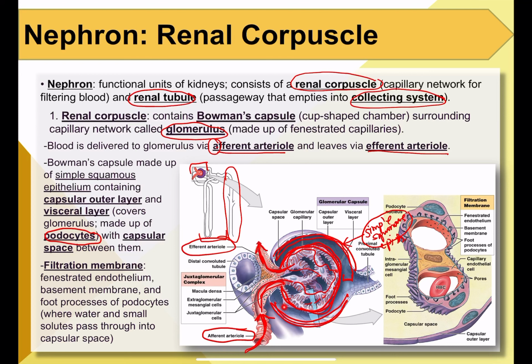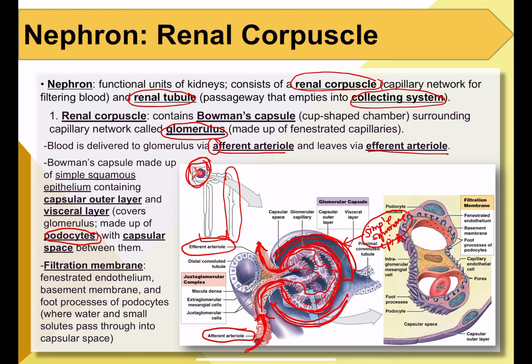And we can actually see the capsular space in histology view or microscopic view of the kidney. The main function of the glomerulus is filtration. We'll talk about three processes: filtration, reabsorption, and secretion that are made possible by your kidney. So it is this renal corpuscle area where we're able to do filtration.